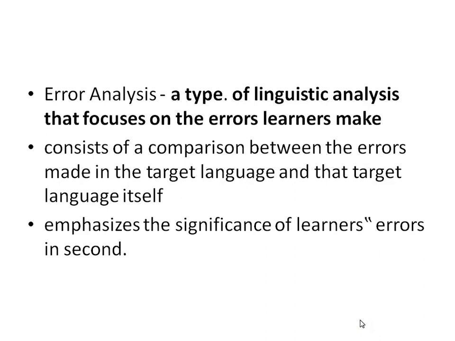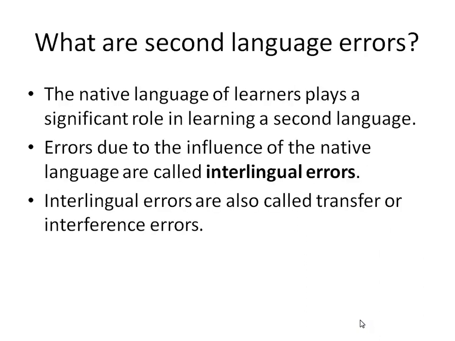So the target language and native language related errors are called interlanguage errors, and the errors done within the target language are intra-language errors. Okay. So these are the two categories of errors that learners naturally make.